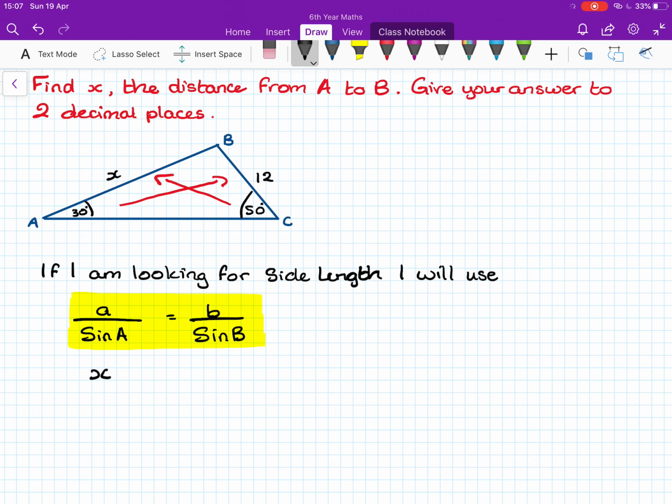It doesn't matter which one you use, but I always like to stick it on the left-hand side. So x over sine of its corresponding angle, which we know is 50 degrees, so sine of 50. That's going to be equal to b, which is our other side length we know, which is 12, over sine of its corresponding angle, which is 30 degrees.